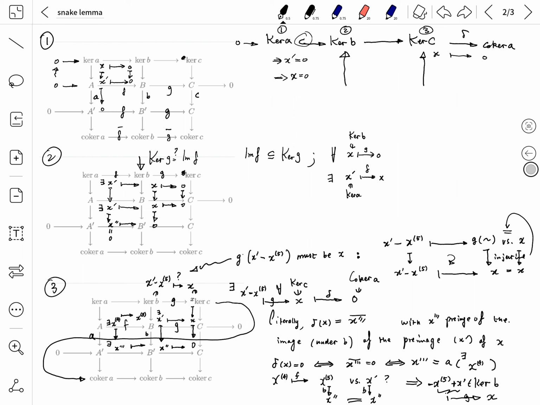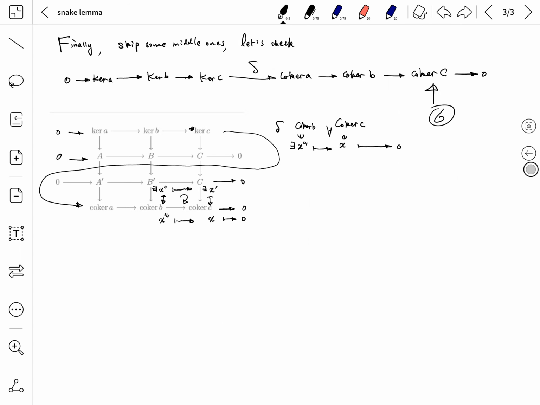And separately, if you require your G bar to be surjective, then this will separately give you the enforced result that your cokernel of B to cokernel of C is surjective.